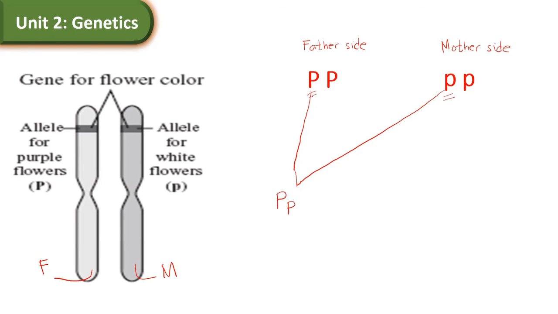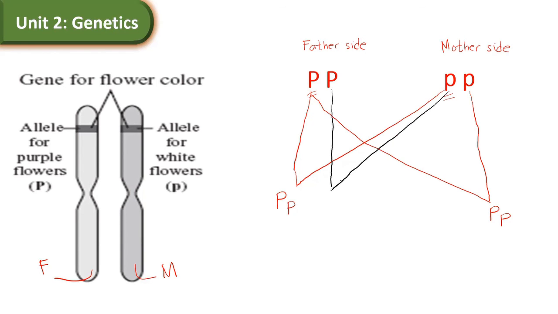Or the father side can contribute this one allele and the mother side can give this one allele, so the offspring can have these alleles. Or the father side can give this one allele or this allele, and the mother side can give this one allele, so the offspring can have one from the father and one from the mother.